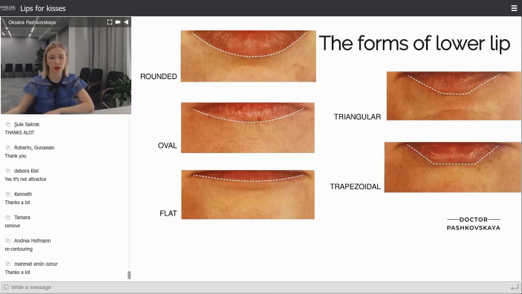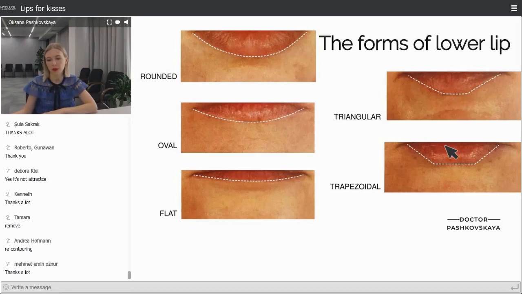I think that in a webinar about aging lips, I showed my students how to manage with cannula. So maybe later we will see it on my next webinar, and I will show you also. Triangular: it's better to use the fan-shaped technique, like two fans.